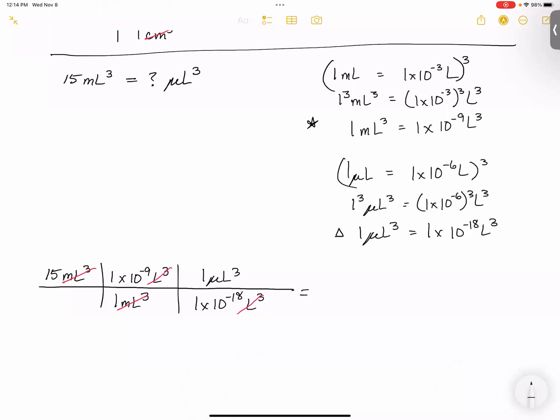Since that's what I wanted to solve for, I'm ready to do this problem. And it should come out to be 1.5 times 10 to the 10th microliter cubed.